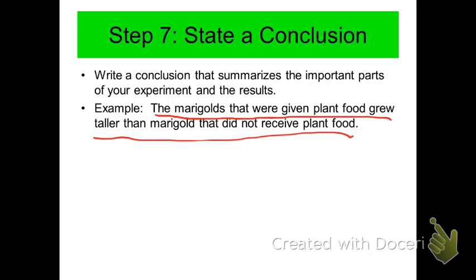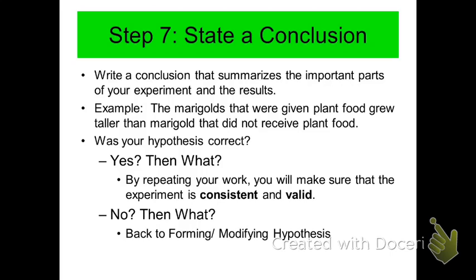Okay, so this is where we have to go back, and if you follow your flow chart, I know there's a lot of arrows on your notes. You have to ask yourself, was your hypothesis correct? There's 2 answers to that question, either yes or no. If the answer is yes, we're going to go off to the right side there, then our hypothesis is supported.